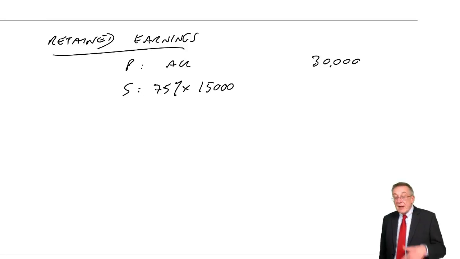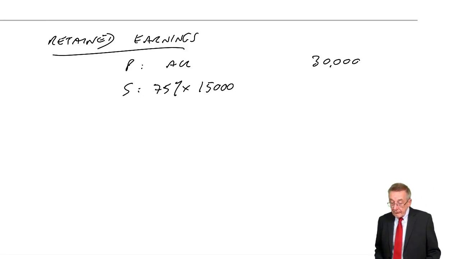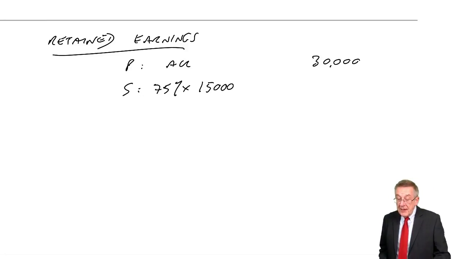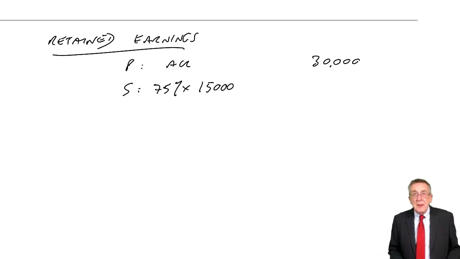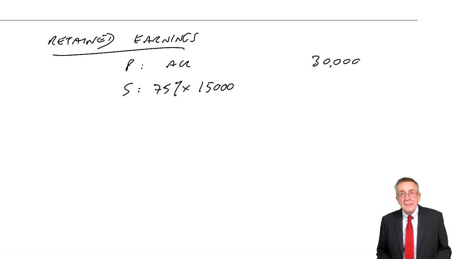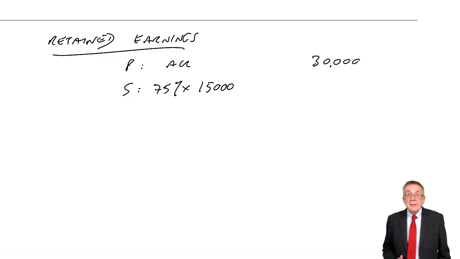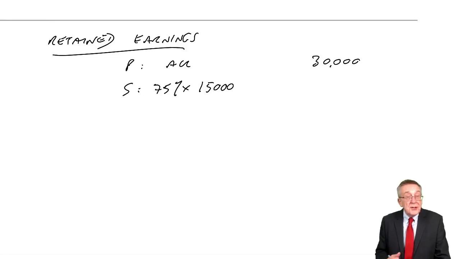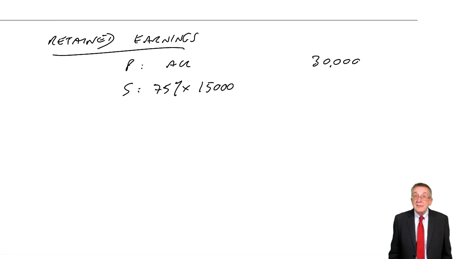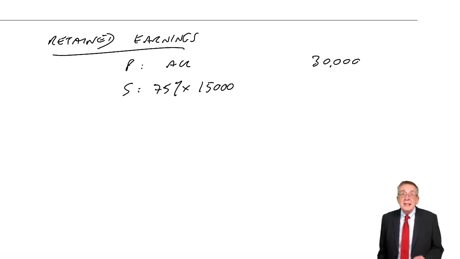However, here's where we have to think about this inventory. Because S had been selling to P, anything they sold to P, they'd made a profit on. That profit is included in the 15. But if the goods are still in inventory, we sold them to P, if P's still got them in inventory, then the group hasn't made that profit, it needs removing.